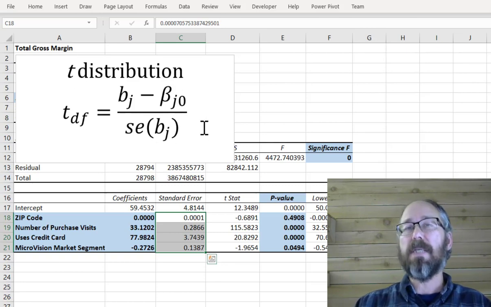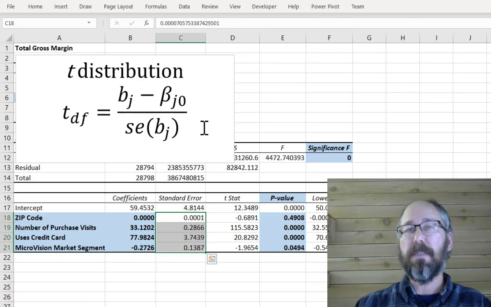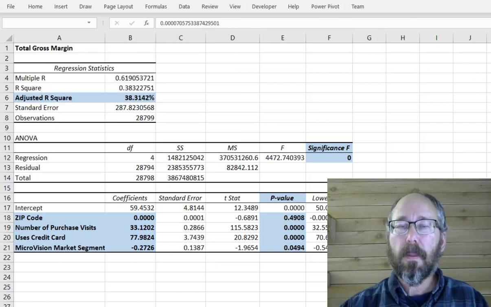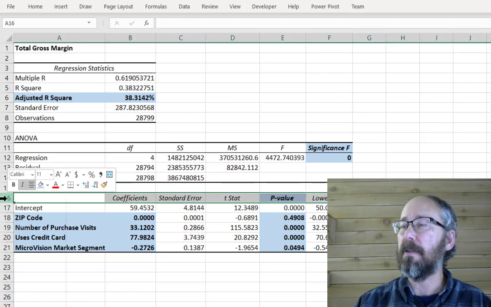And that's why in Excel, when you have that situation, you have to manually calculate, using the functions, not using the Data Analysis ToolPak. You have to use the t-distribution calculations for either the left-tailed or the right-tailed calculation. So let's take a look at doing that. I'm going to adjust my spreadsheet a bit to create some room so we can do these calculations.